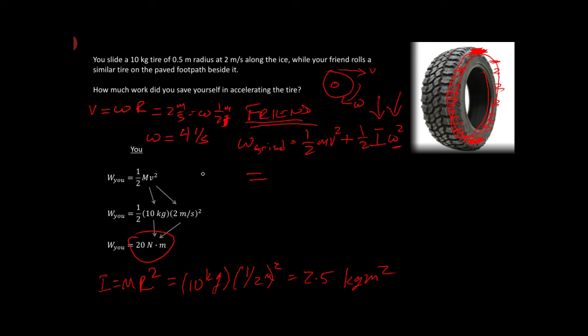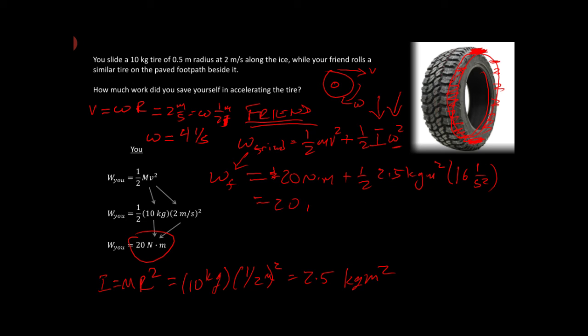All right, so the work your friend does is equal to 1/2 times your mass times your velocity squared. Like I just said, that's just 20 Newton meters. We just did that, so we don't have to do it again. Plus 1/2 I, which is 2.5 kilograms meters squared, times omega squared, 4 inverse seconds, which is 16 inverse seconds squared. So all we have to do is multiply all this stuff together.